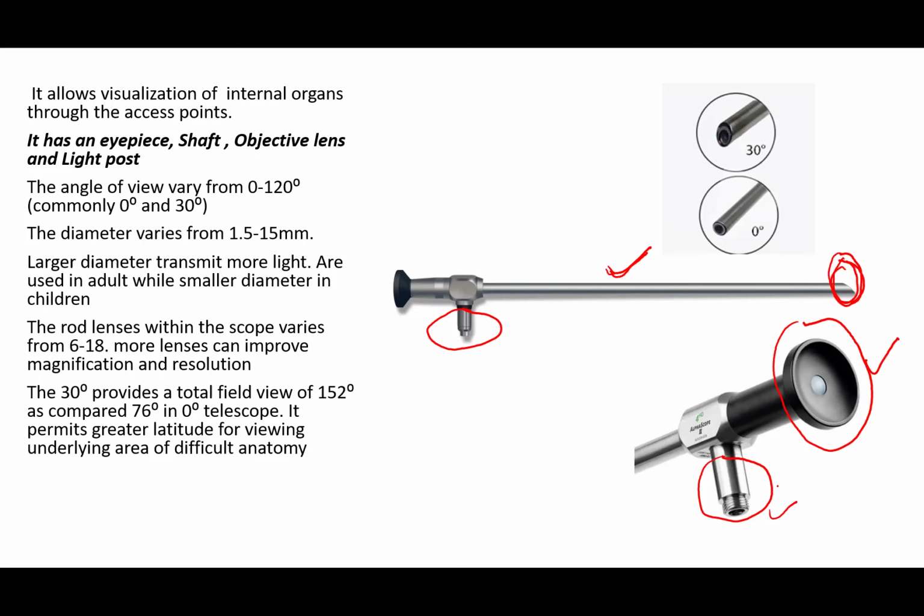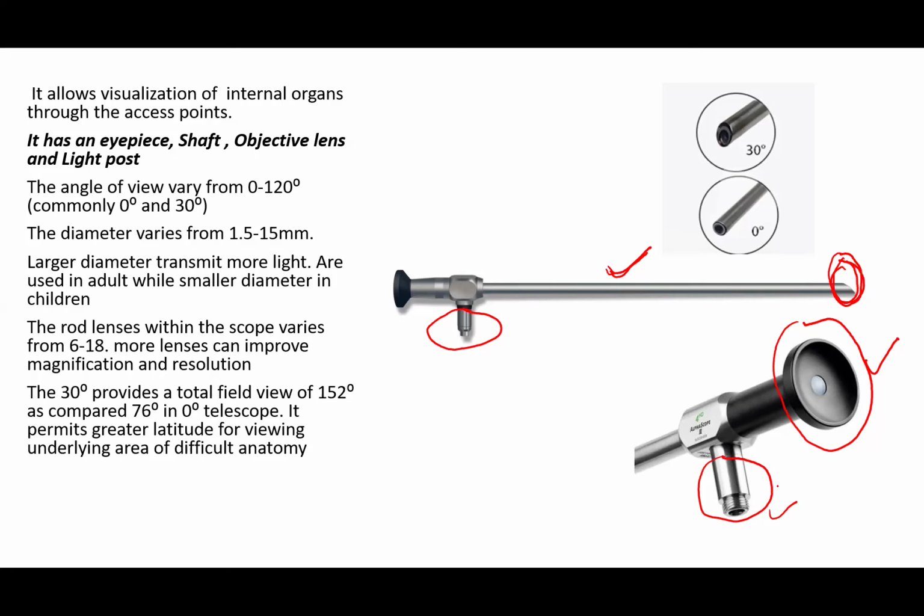But commonly, the ones that are used are 0 degrees and 30 degrees. In most of our laparoscopic setups, those are the ones you will see commonly being used, the 0-degree and the 30-degree telescope.